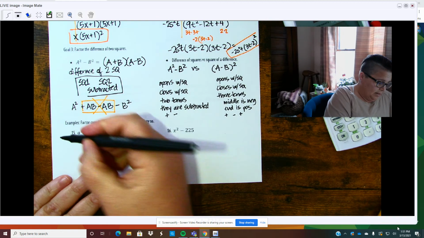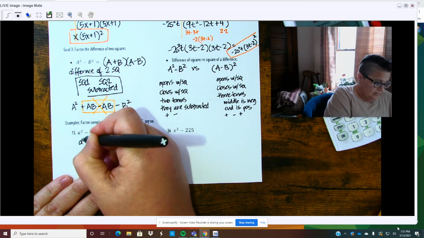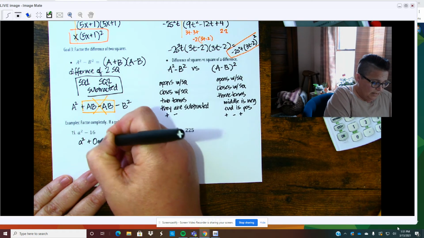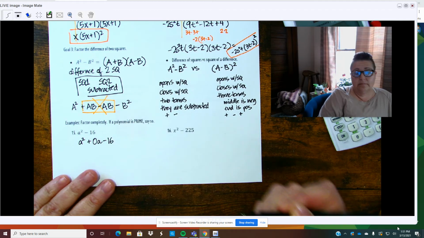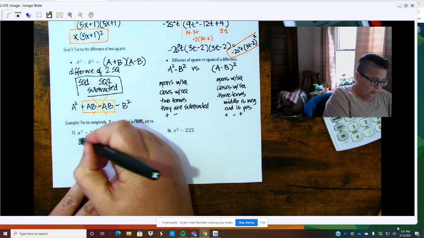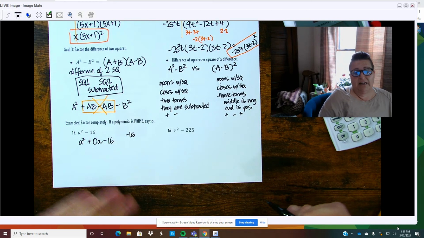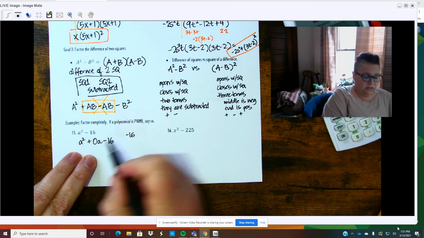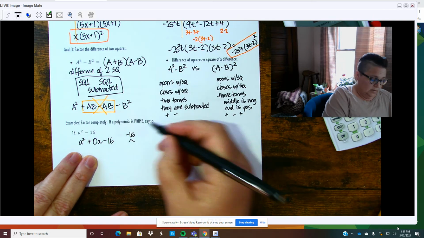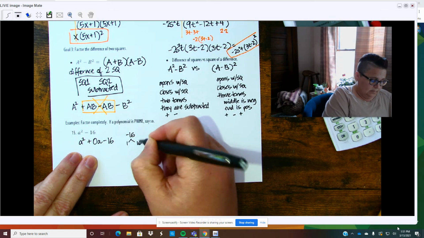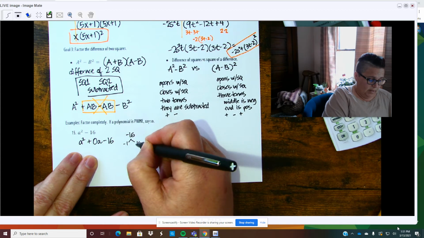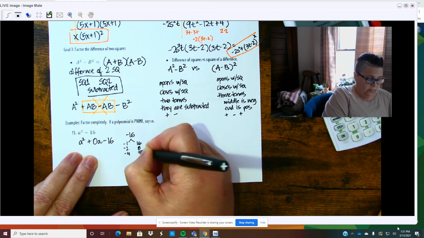The long way round is to say that this is a squared plus 0a's minus 16. So if we do our first times our last, we need the factors of a negative 16 that will add to be 0. 16 is 1 and 16, negative, positive, or a 2 and 8, or a 4 and 4.